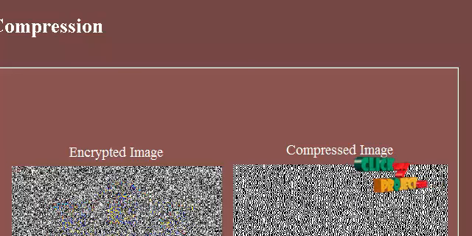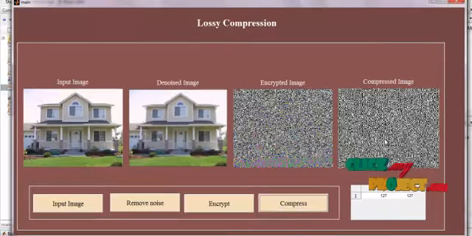For encryption, we are using permutation based encryption. The same key is used by the receiver and the sender. So only if the receiver knows the original key can he decrypt the image. Then compression. For compression, we are using DCT based compression.